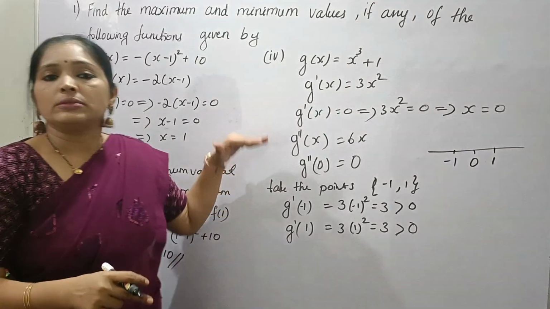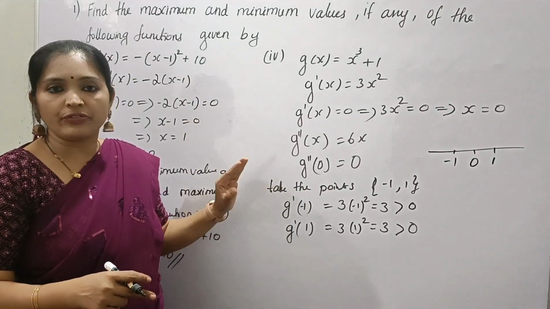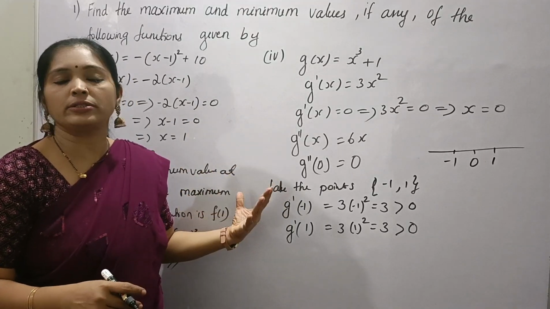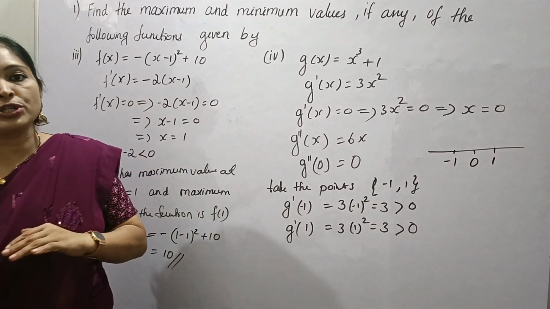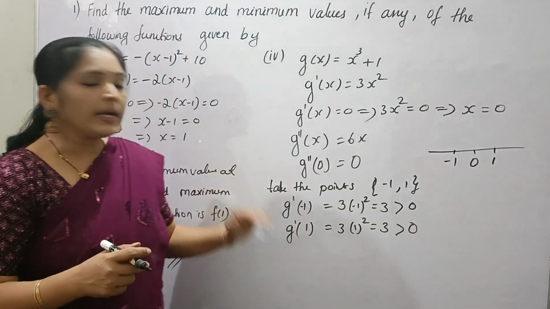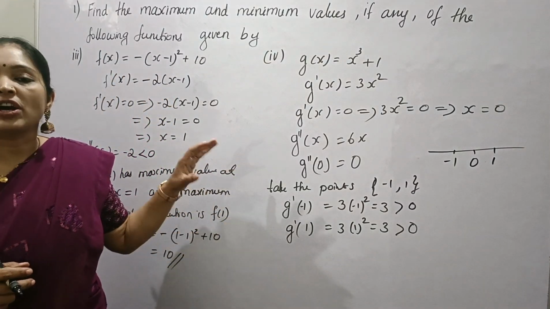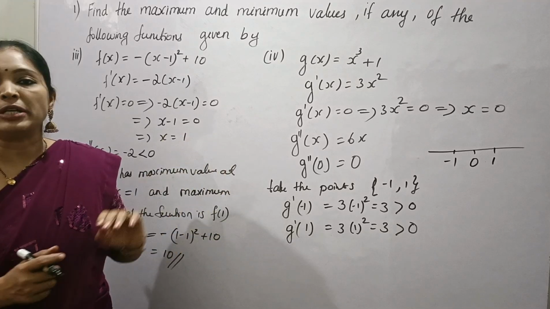But here the derivative of the given function, g dash of x, does not change sign from positive to negative or negative to positive. It is still positive, right? So in this case the given function does not attain maximum value and minimum value.